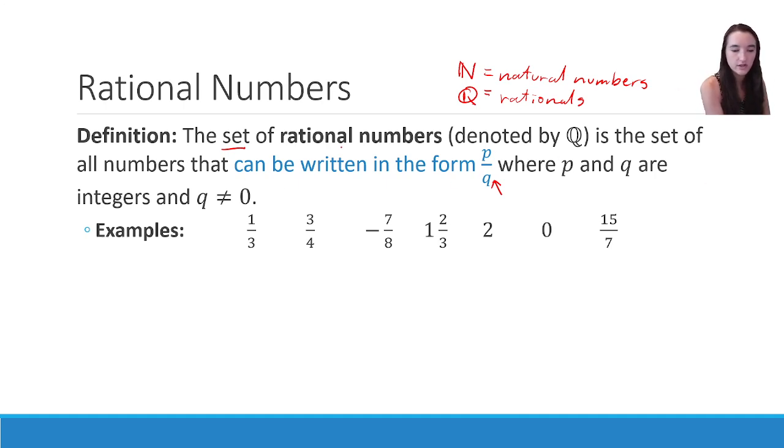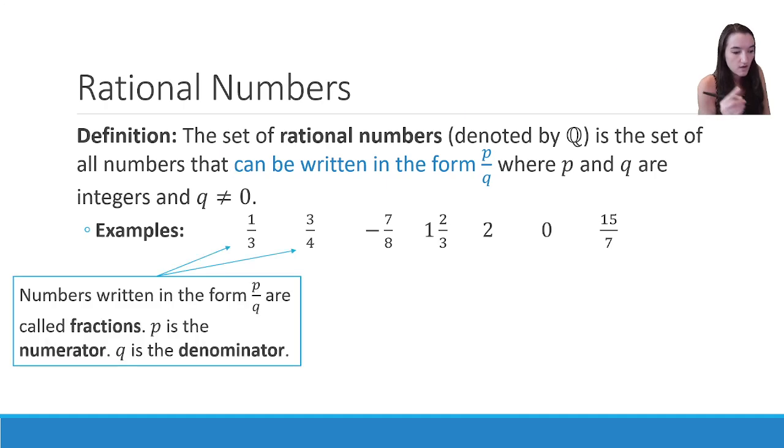A key word here, and I'm going to keep bringing it up, is the word "can." First, some examples. Numbers that are written in the form P over Q are called fractions. So we have 1 over 3 and 3 over 4. Those are fractions.